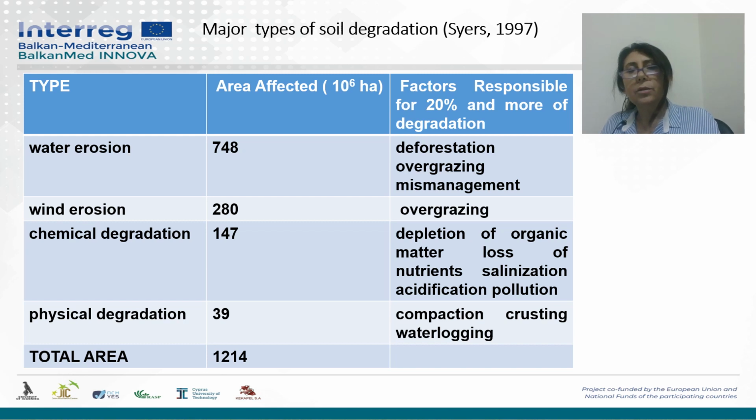Chemical degradation: these are different areas affected by chemical degradation. In this case, we have depletion of organic matter, loss of nutrients, salinization of the soil, and acidification of the soil. For physical degradation, there are, for example, compaction, crusting, and waterlogging.